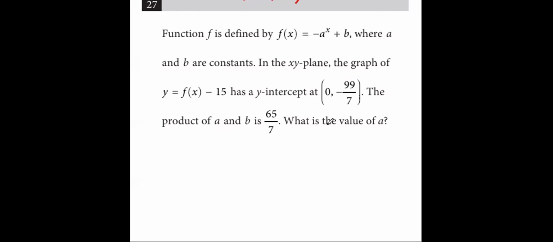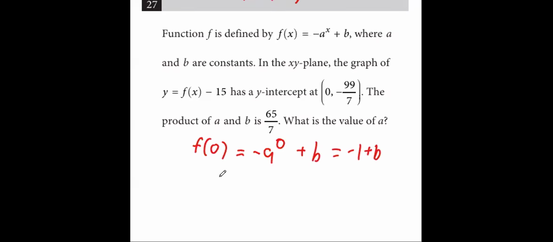So in this case, we plug in f of 0 because we know x is equal to 0, so f of 0 is equal to negative a to the 0 plus b. Anything to the 0th power is 1, so we still have the negative, so we have negative 1 plus b.